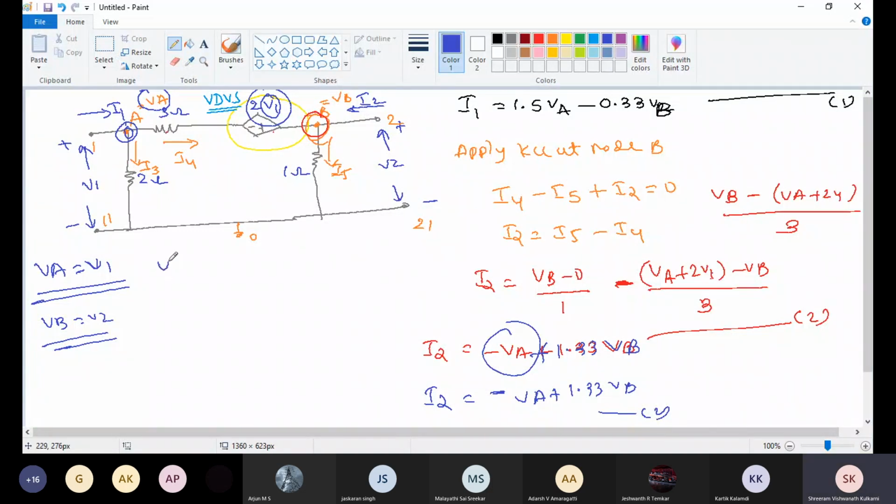Now Y11 is 1.5. Y12 is minus 0.33. Y21 is minus 1. Y22 is 1.33. So my Y parameter matrix is 1.5, minus 0.33, minus 1, 1.33.